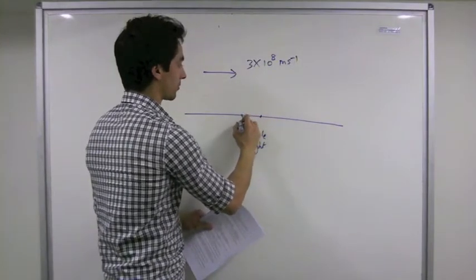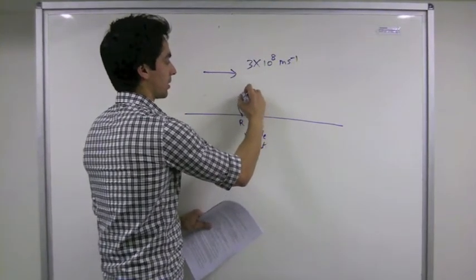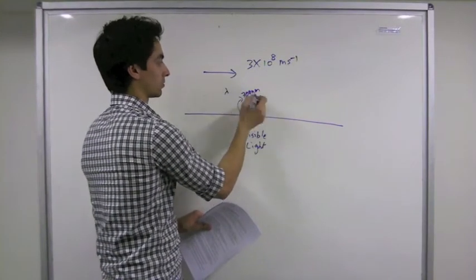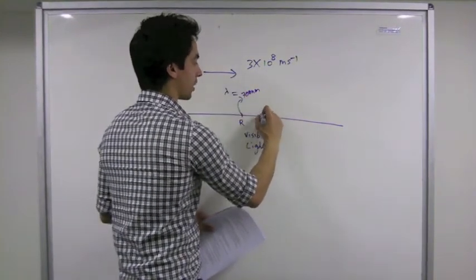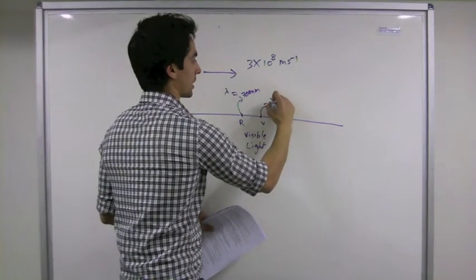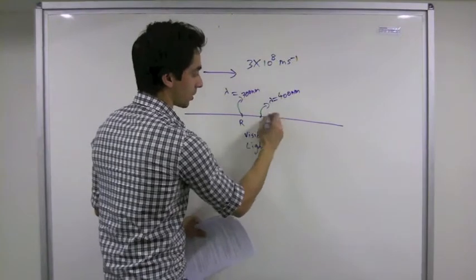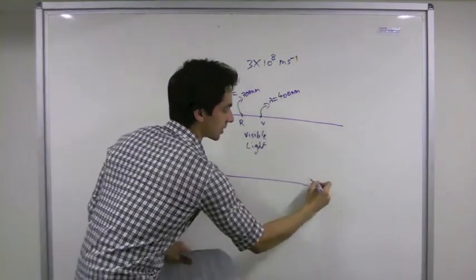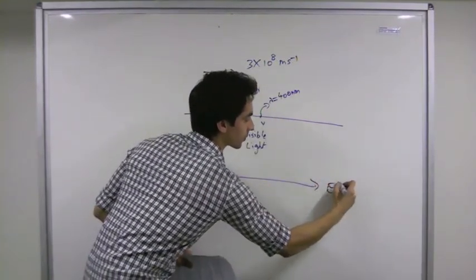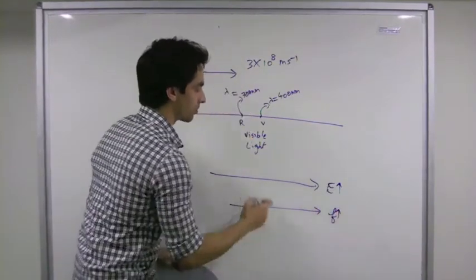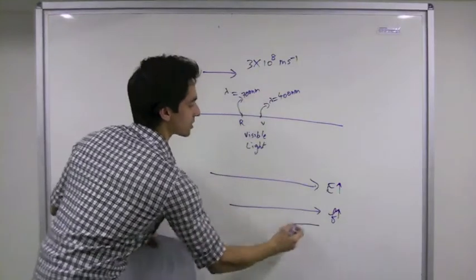For example, you have red light at 700 nanometers of wavelength. And you have violet light over here at lambda equals 400 nanometers. Then this direction is increasing energy and increasing frequency. But the wavelengths will increase in the opposite direction.